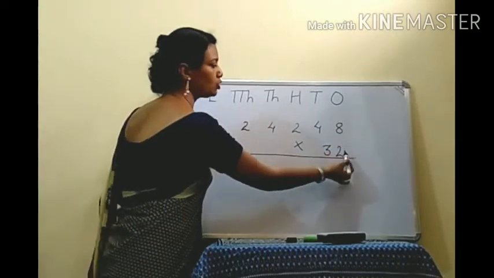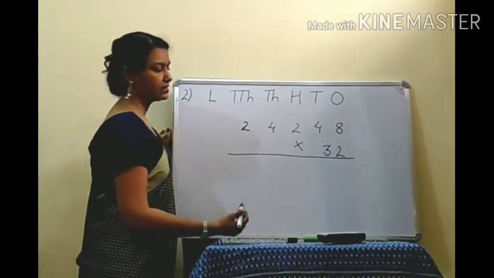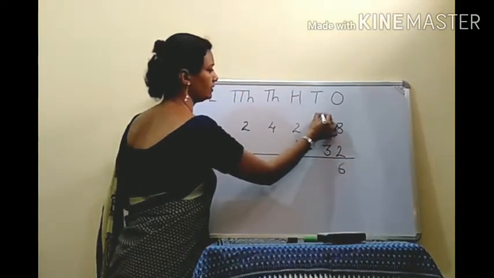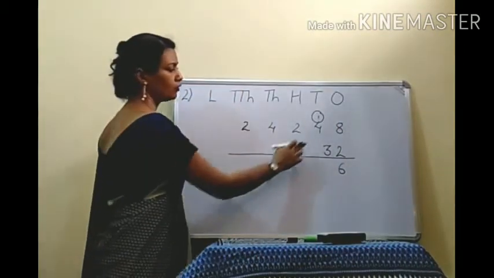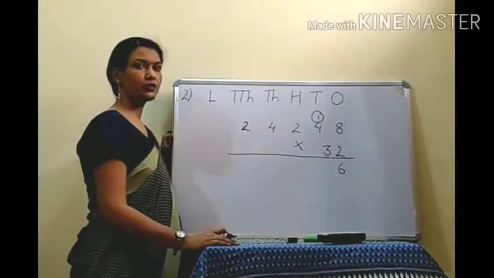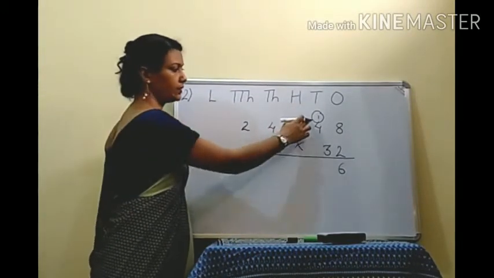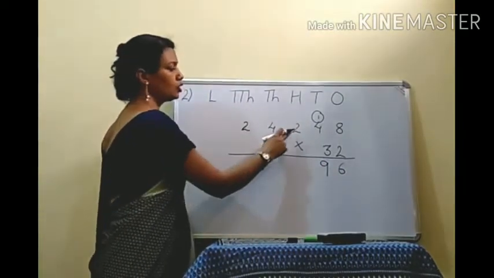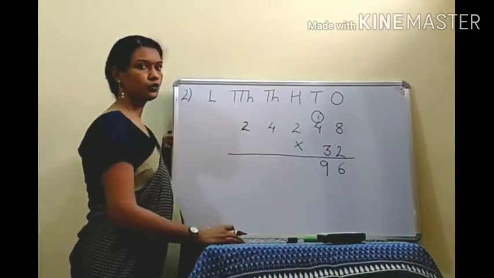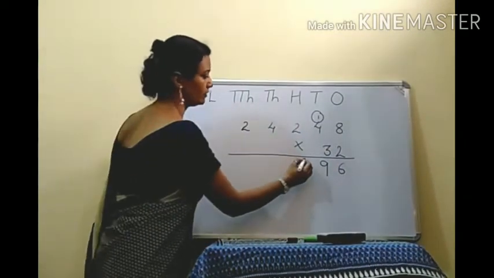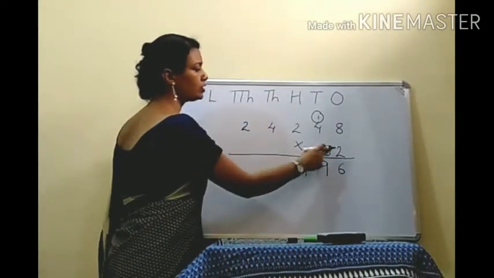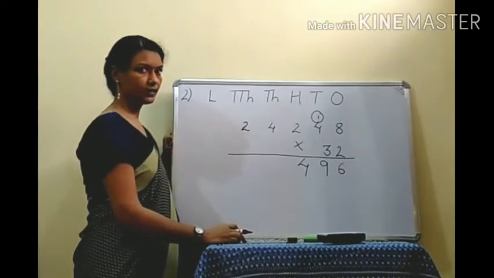Now 8 into 2 is 16. So we will write 6 here and carry 1. Now 4 into 2 is 8, 8 plus 1, 9. 2 into 2 is 4. So we will write 4. 4 into 2 is 8.